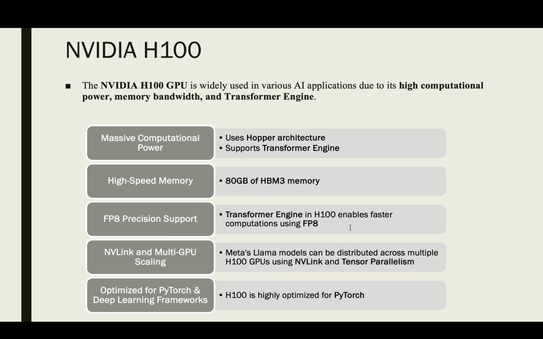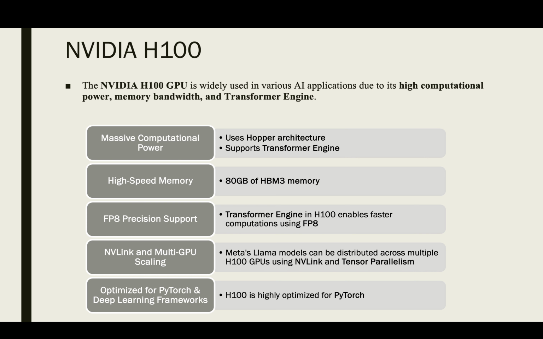The H100 provides several advantages: massive computational power. It uses the Hopper architecture featuring 80 billion transistors, and supports the transformer engine to accelerate LLM training and inference.